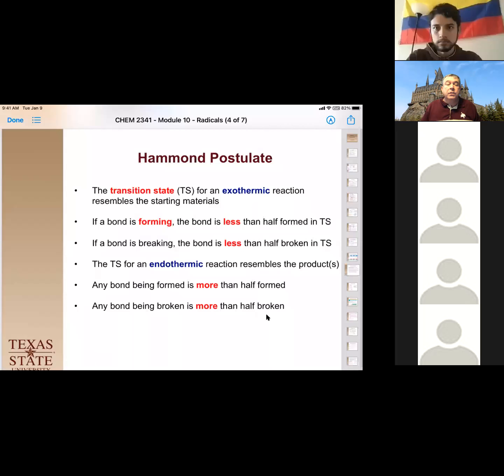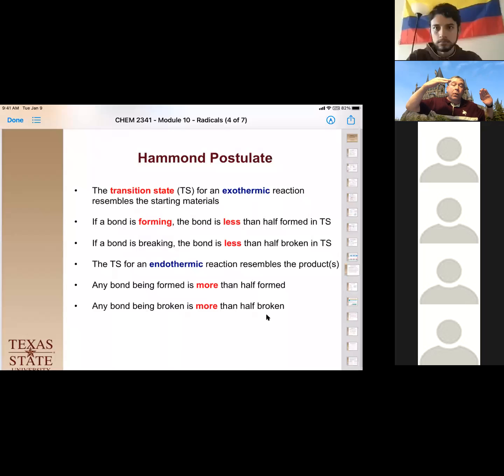Okay, so that makes it... wait a second, yeah, more than half formed. So that makes it look more like the transition state. If the bond breaking is less than half of the transition state, then it is more like an exothermic reaction, more like starting materials. So in an endothermic reaction, the leaving group's already starting to leave, okay?